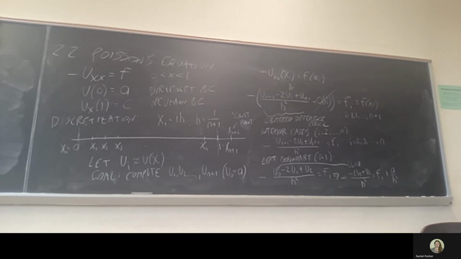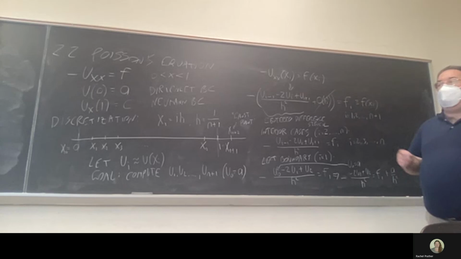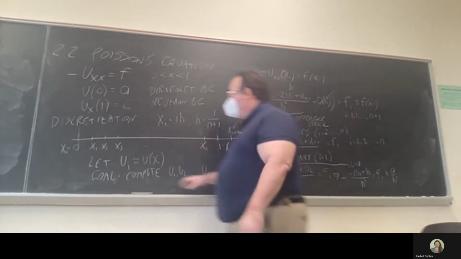Okay. So now we need to deal with a right boundary. i is equal to n plus 1. So we put i equal to n plus 1 in here, and we'll see what we get.